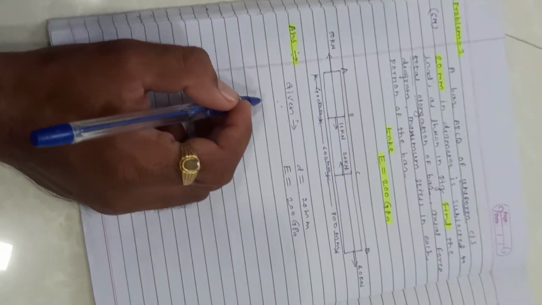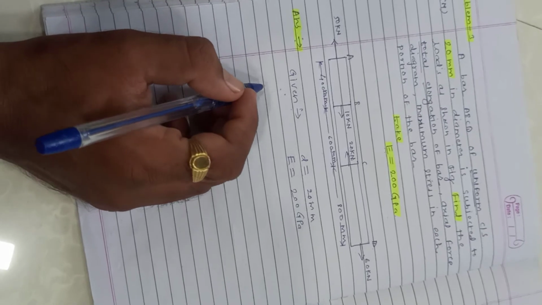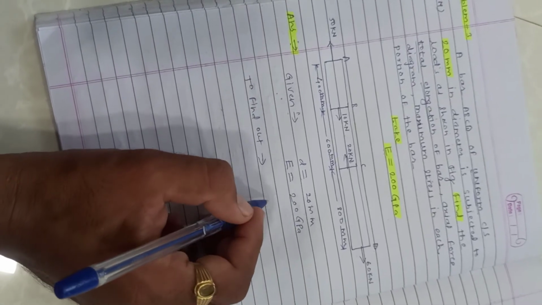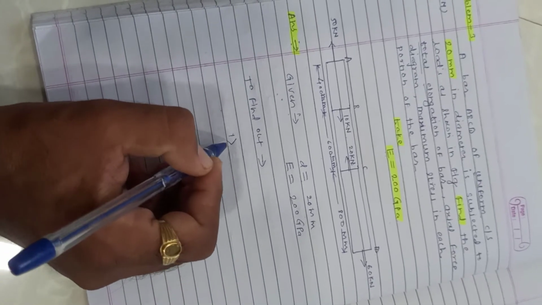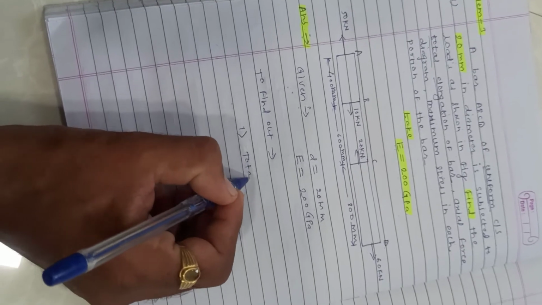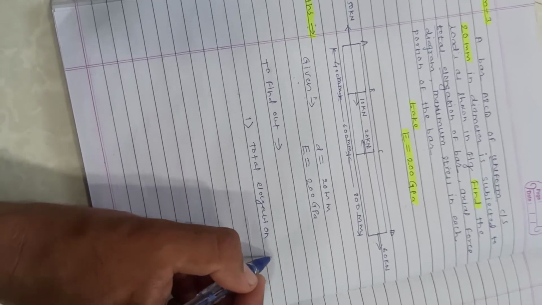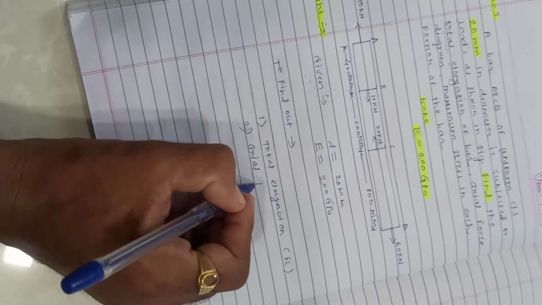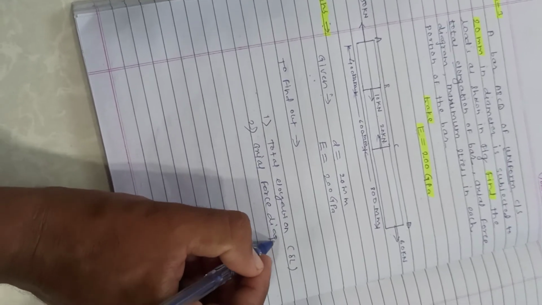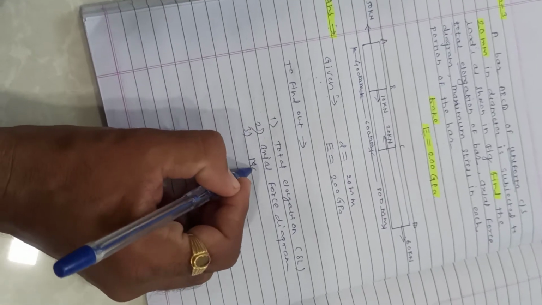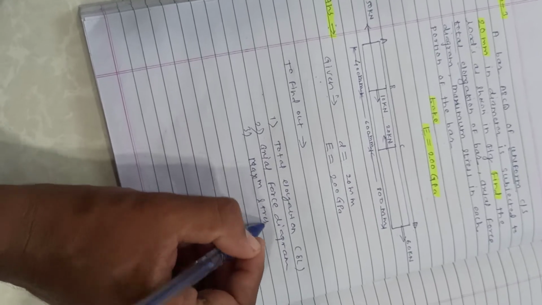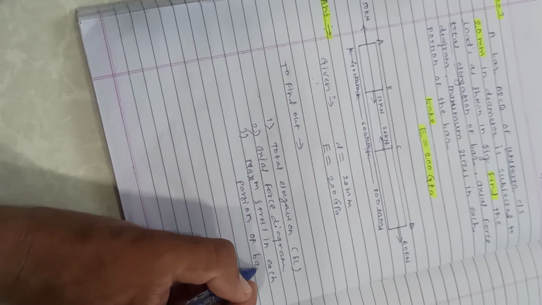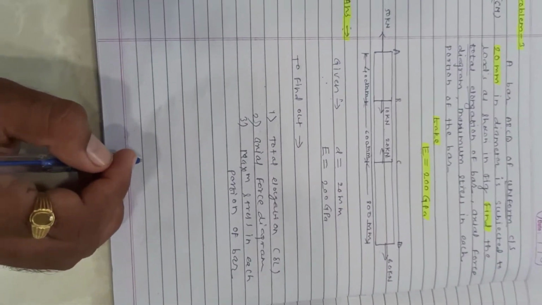Again, what we have to find out: first, the total elongation, that is delta L, and second, the axial force diagram we also have to draw, and third, the maximum stress in each portion of the bar. These three things we have to find out.